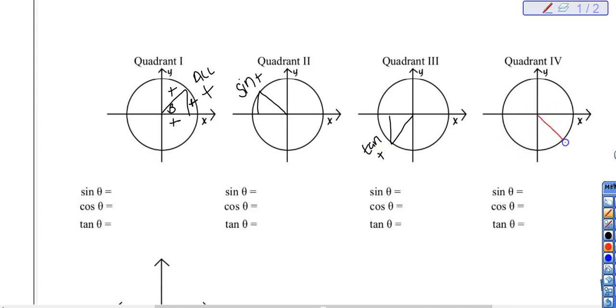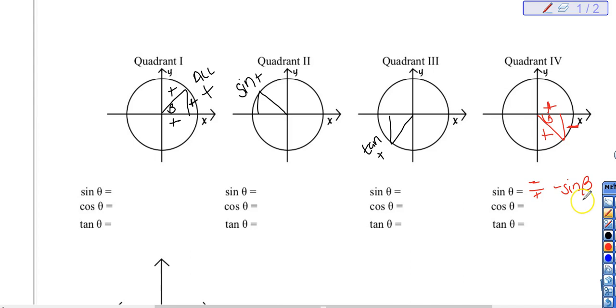If your terminal side is in quadrant 4, here's your angle beta, your reference angle. You had a positive adjacent, a negative opposite, and a positive hypotenuse. So your sine of beta, which was negative over positive, was negative.